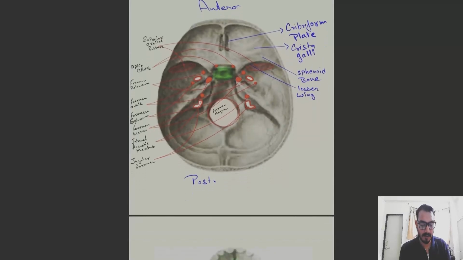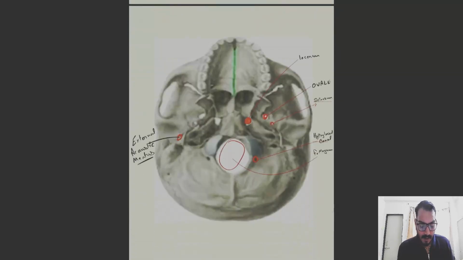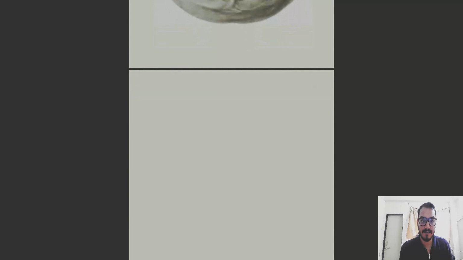Why are we studying all these holes and foramens in the base of skull? All the cranial nerves come from these holes. What are cranial nerves? We have already discussed. The nerves which are coming from the brain are known as cranial nerves. Let's write the definition just for formality. No one will ask it, we are just writing it so that you remember.